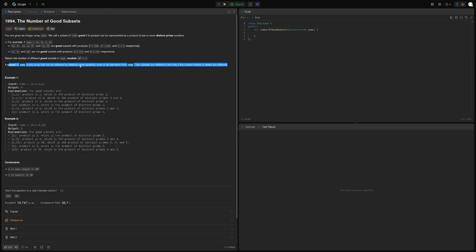Subset of nums is any array that... So they don't have to be unique. Okay, so they don't have to be unique, and they are quite small, up to 30, which makes sense, because if you multiply all the numbers, then it's a product of one or more distinct prime numbers.